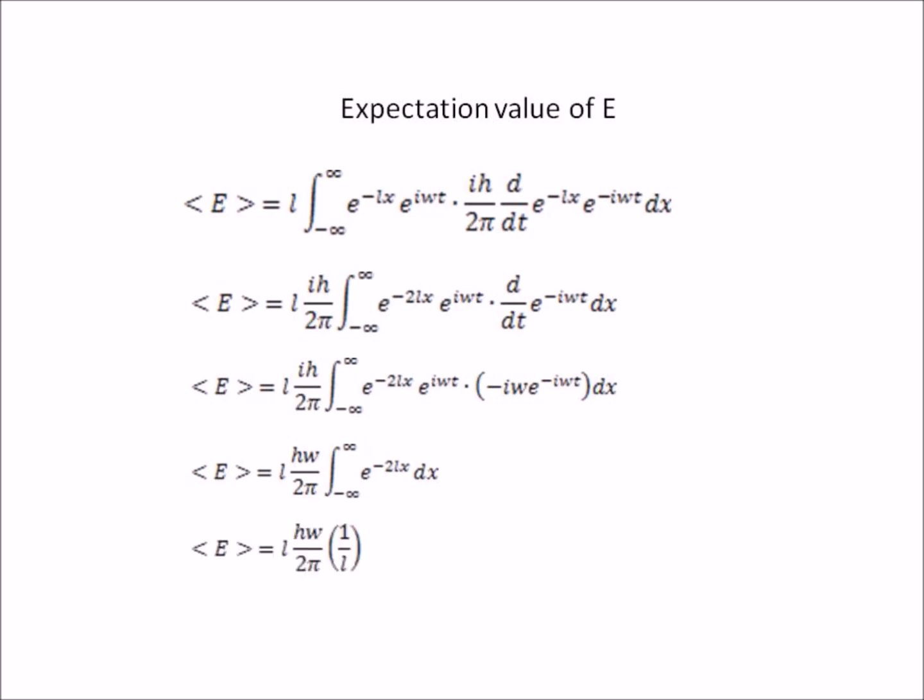So solving this integration we can get 1 upon L, and substituting this value we have energy equal to h omega by 2 pi, and this is the general formula of energy in quantum mechanics as well as in classical mechanics. Also we have used this formula many times.